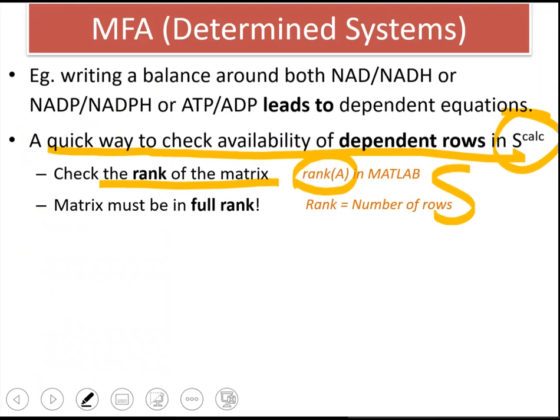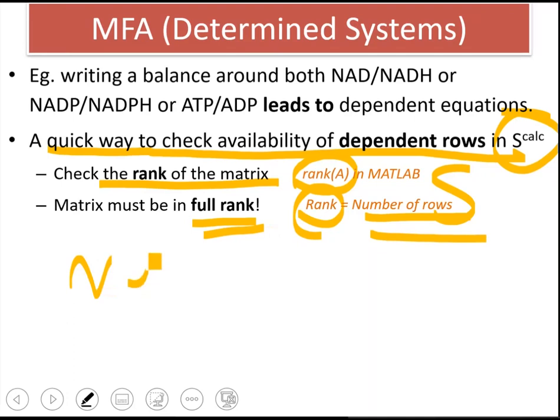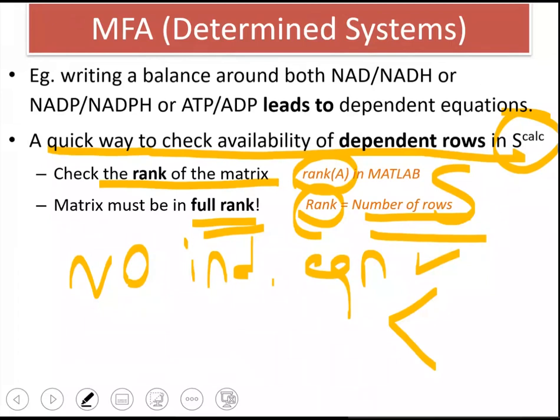If the rank of your matrix is equal to the number of rows of your matrix, this means that your matrix is in full rank and there is no dependent equation. So this is good. But if the calculated rank of your matrix is smaller than the number of rows of your matrix, then this means you have dependent rows in your S matrix or in your S-calc matrix.